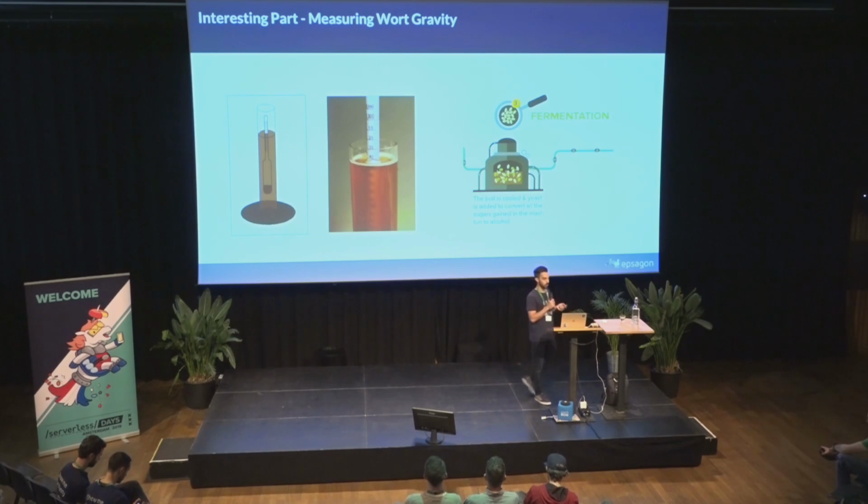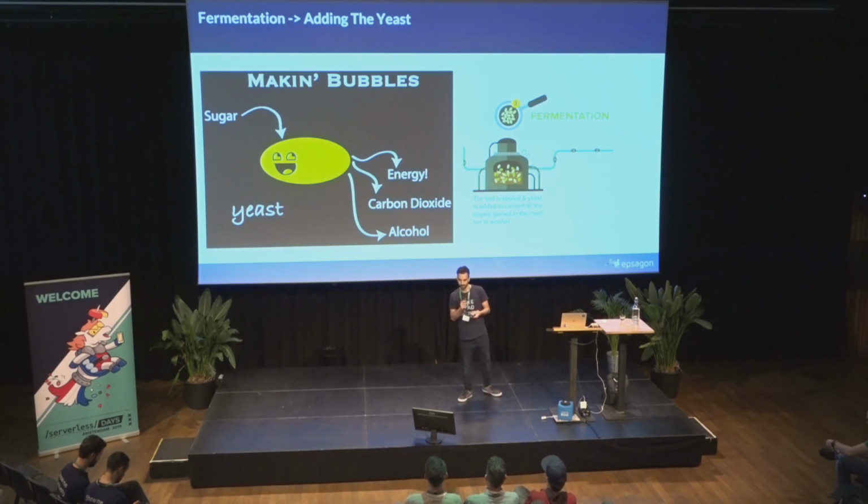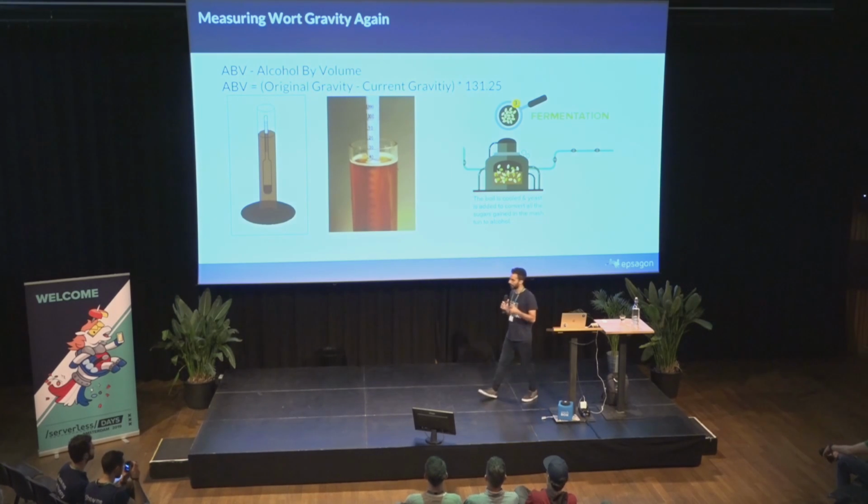He manually takes a tube that you put into the fermentation tank, you take out some beer, and once you put the yeast inside the tank, it starts eating all the sugar and creating the alcohol and doing all the fermentation magic. And he needs to keep constantly measuring it. And right after the final measurement, he can also understand if the fermentation ended and the alcohol by volume.